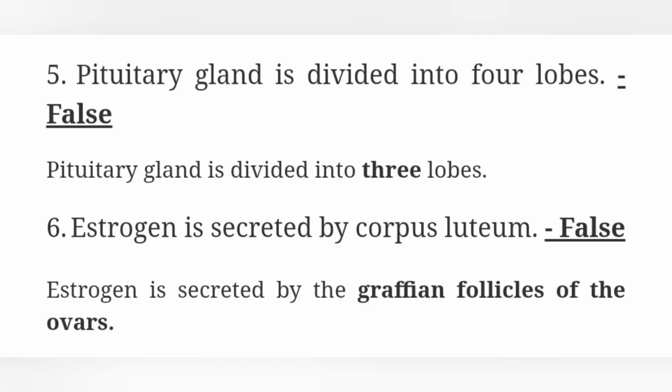Fifth one, pituitary gland is divided into 4 lobes. The statement is false. Pituitary gland is divided into 3 lobes. Sixth one, estrogen is secreted by corpus luteum. The statement is false. The correct statement: estrogen is secreted by the Graafian follicles of the ovaries.